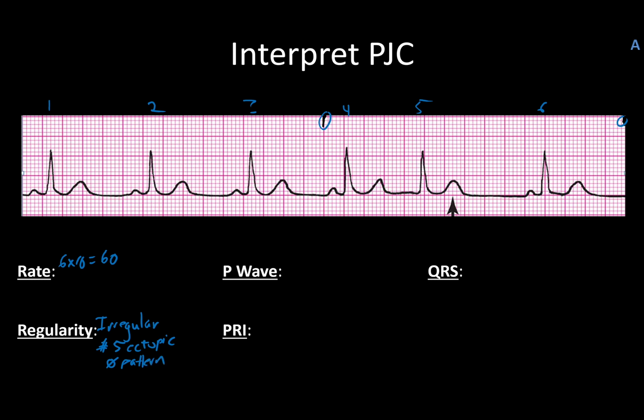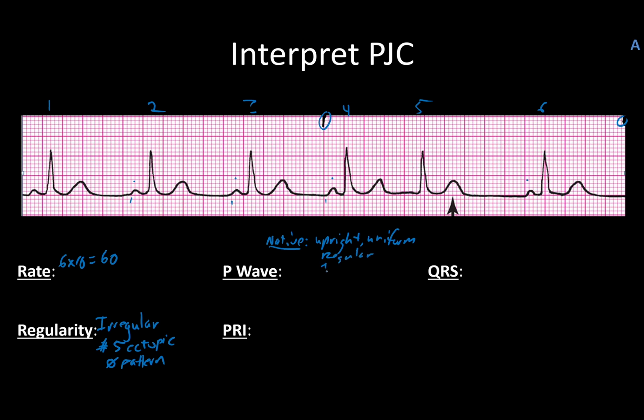Going on, let's see if we can figure out our P waves. They all appear to be in pretty good shape. We'll ignore the ectopic for now, and so our native P waves are upright and uniform. They have a regular pattern to them as well.